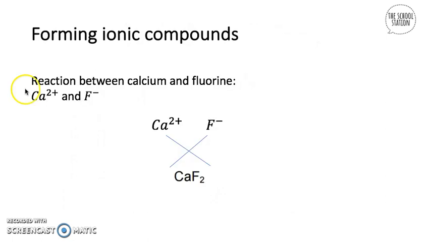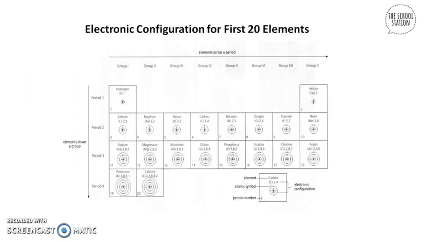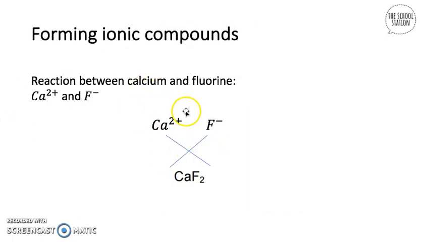And fluorine has 7 electrons in the outer shell. So if we give two away to fluorine so it becomes a full outer shell, and take that away from calcium, we can get CaF2.